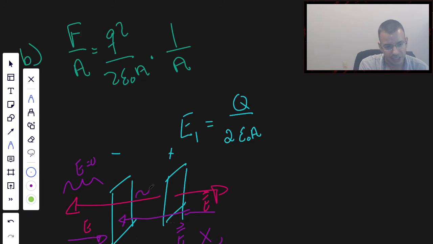But inside, they're going to reinforce each other, because you can see the positive is going from right to left, and the negative plate is also causing electric field lines to go from right to left. So then what I would write is the electric field for the parallel plate capacitor is going to be 2 times this, which is just Q over epsilon naught times A, area.